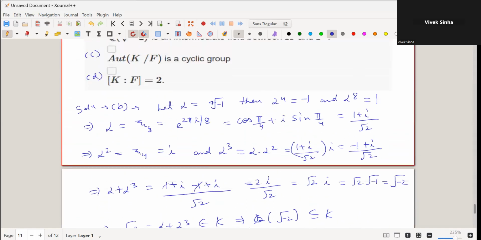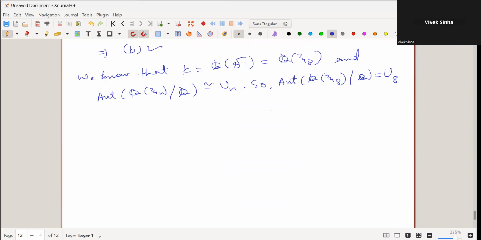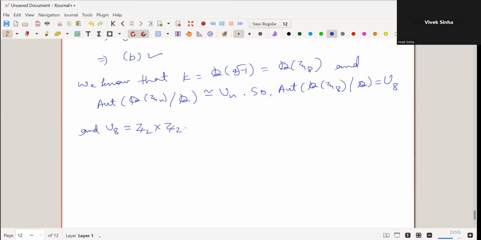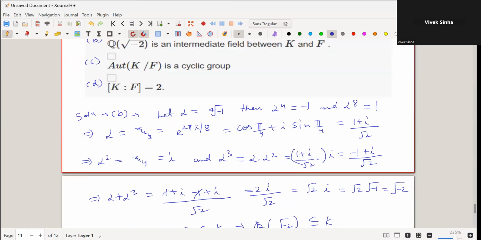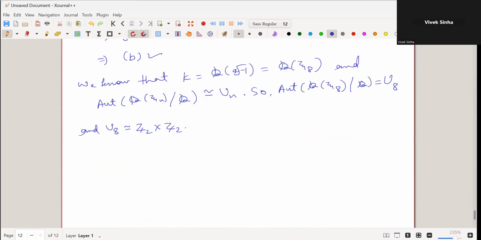And what is U8? U8 is isomorphic to Z2 cross Z2. It's not cyclic. So option C is wrong, and D is also wrong.